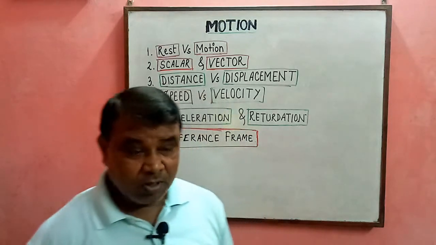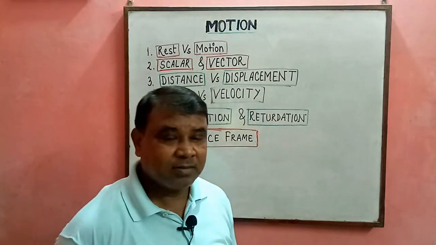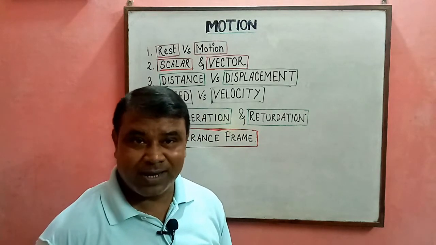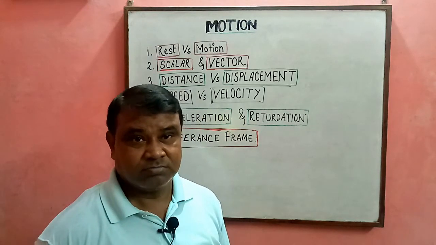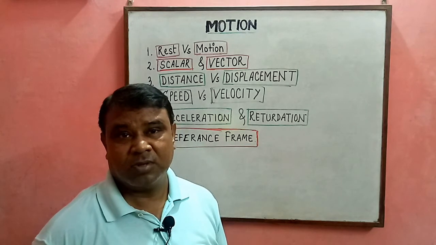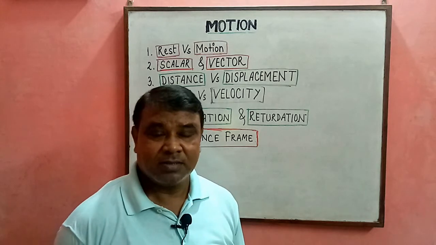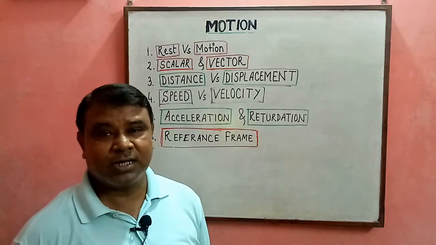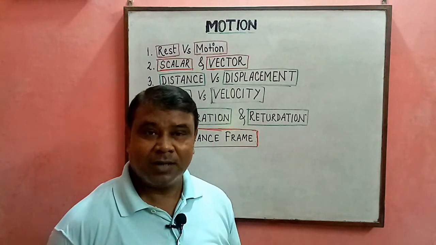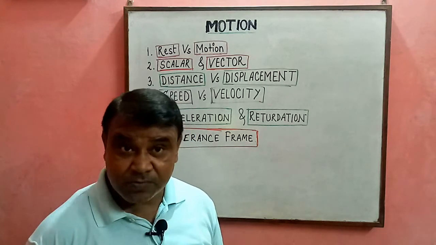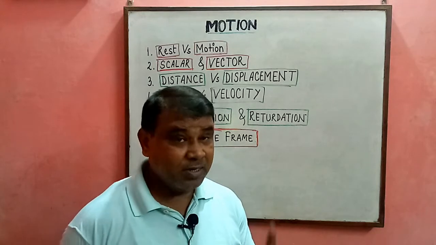So things which are not changing either state or direction or position or shape or size, they are at rest, and if they are changing direction, position, shape, size with respect to time, here time is a factor.